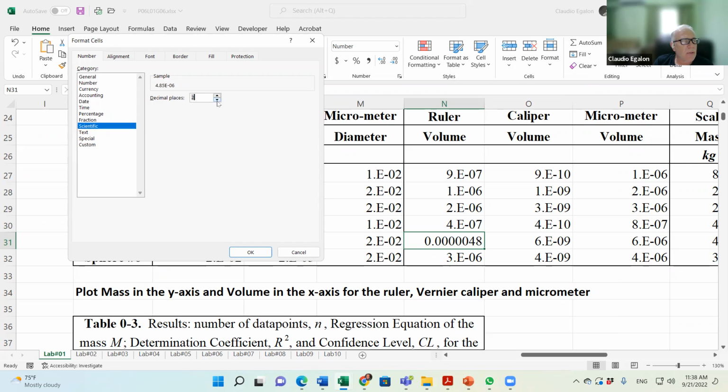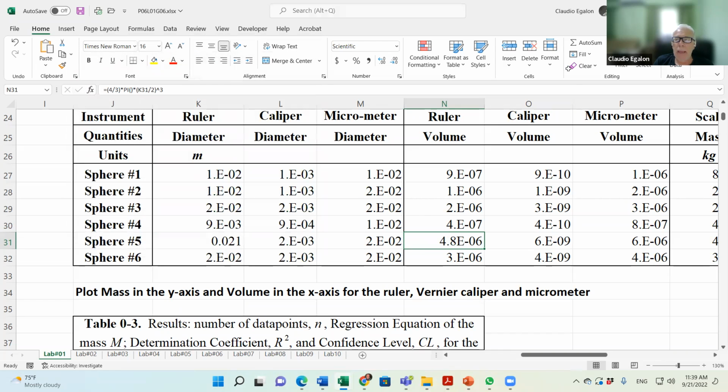In this case, you're going to have only one decimal place. The number being reported here has only two significant figures: 4 is one significant figure, 8 is the other. That would be the right way of reporting the volume measured by the ruler. It's much easier to read something like that than something that has a bunch of zeros in there. Okay?